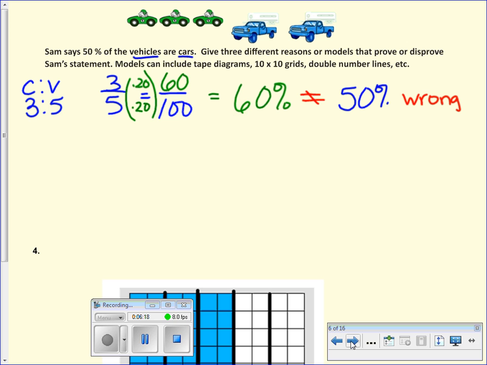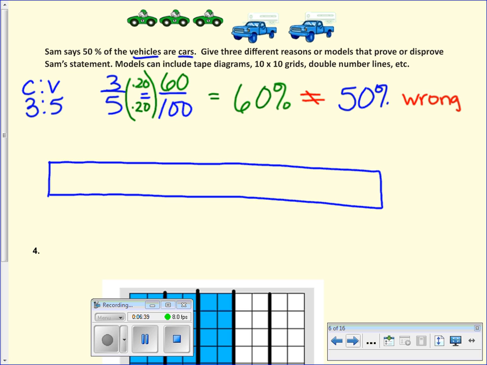All right, so that's one way. Ratio to a fraction to a percent. So her percentage was wrong. Let's try drawing a model. So what is our whole? If we're going to do like a double number line, what's our whole? How many vehicles are there? 5.